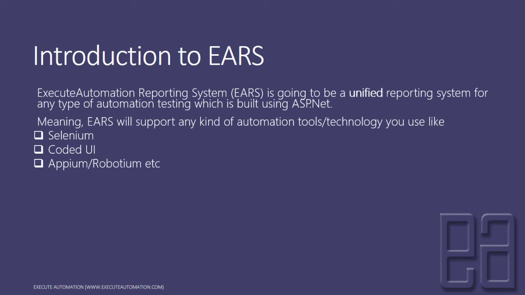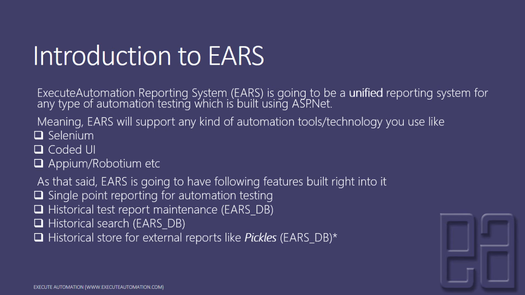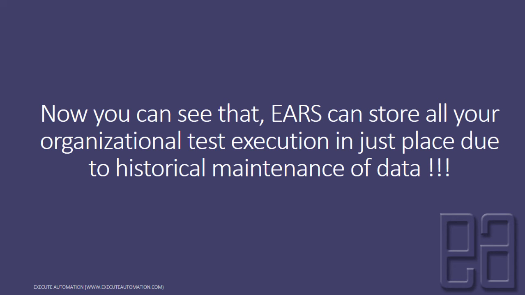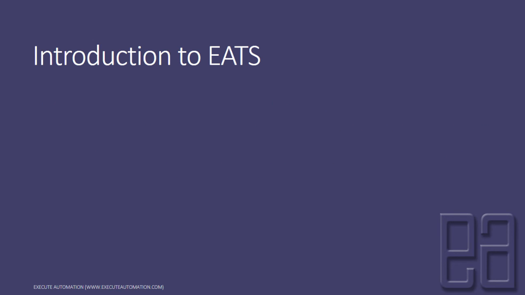Meaning, AIRS will support any kind of automation testing tools and technologies you can use, like Selenium, CoderUI, Appium, or Robotium, etc. That said, AIRS is going to have the following features built right into it: single point reporting for automation testing, historical test report maintenance using AIRSDB, historical search using AIRSDB, historical store for external reports like Pickles. Now you can see that AIRS can store all your organizational test execution in just one place due to historical maintenance of data in AIRSDB.